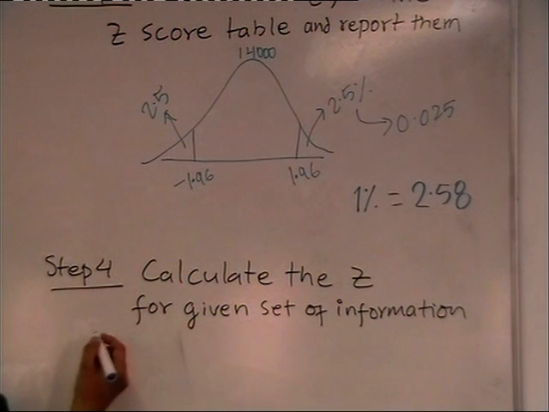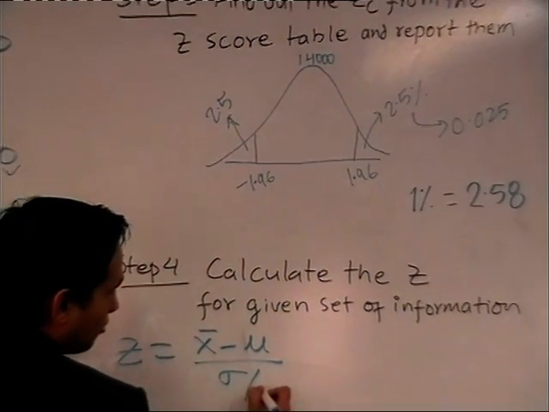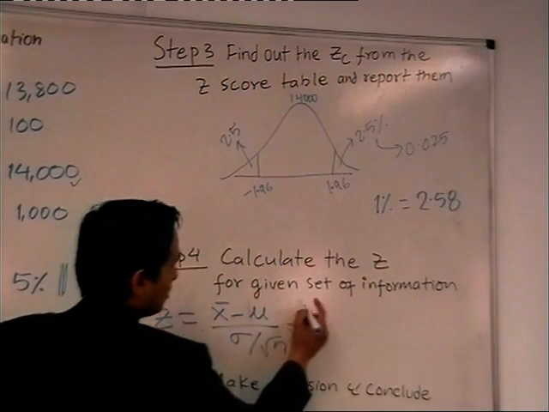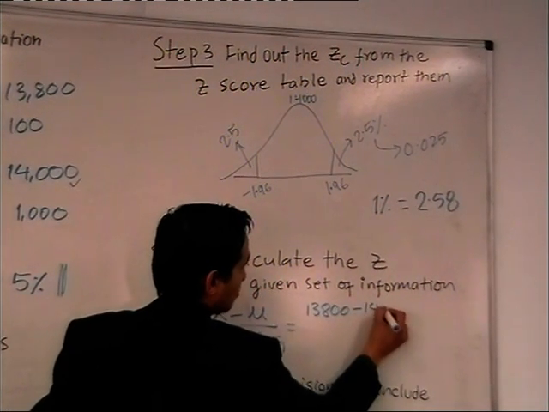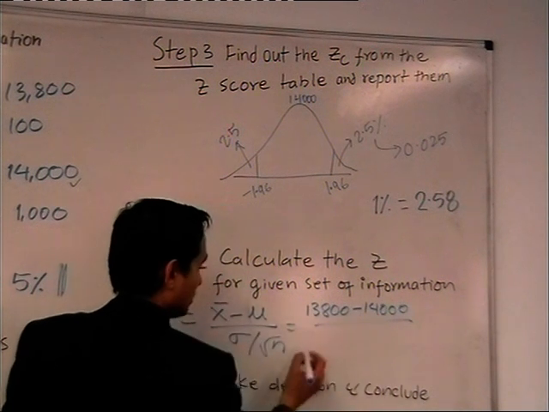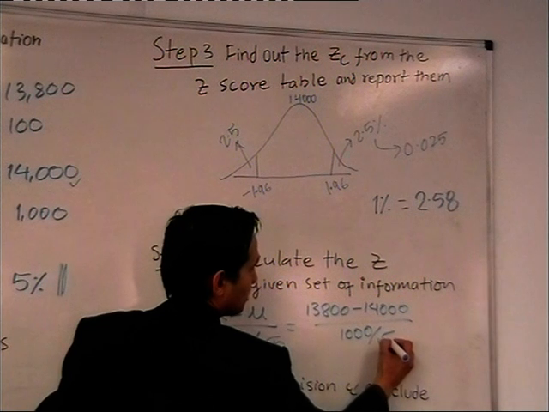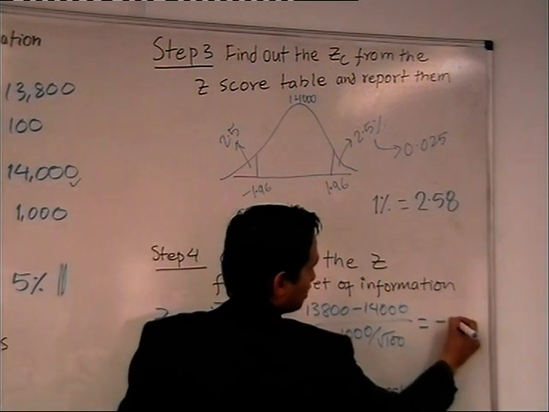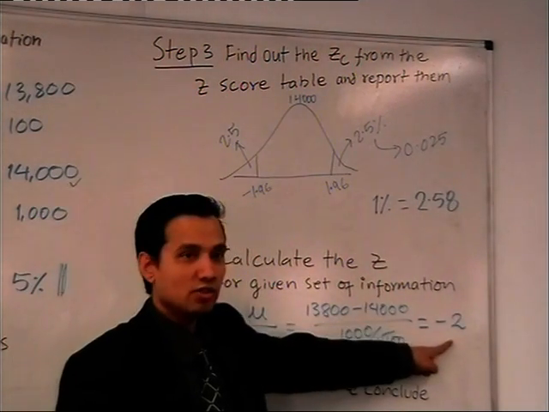The formula we know is z equals x bar minus mu over standard deviation over root n. Putting in the information: 13,800 minus 14,000 over 1,000 divided by root 100. If you do the calculation, you will get -2. So your calculated z is -2.